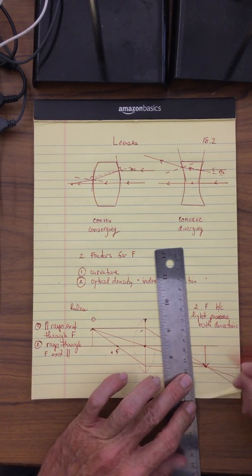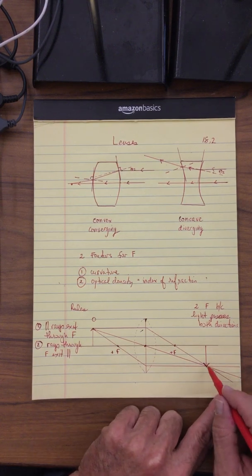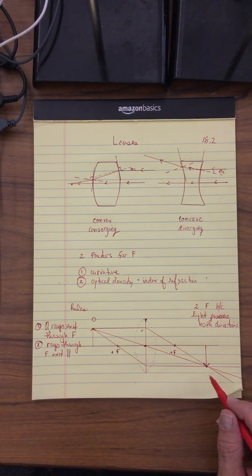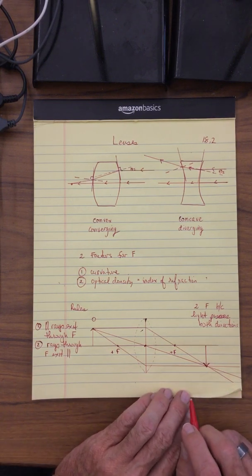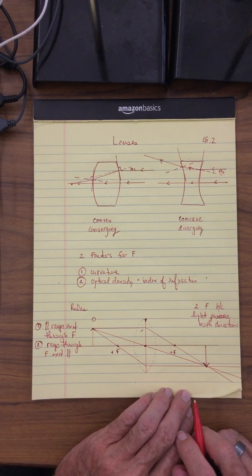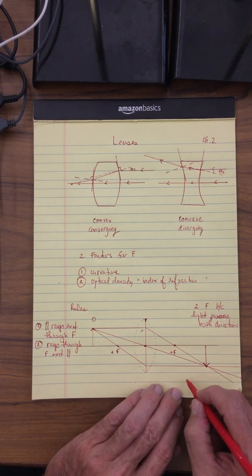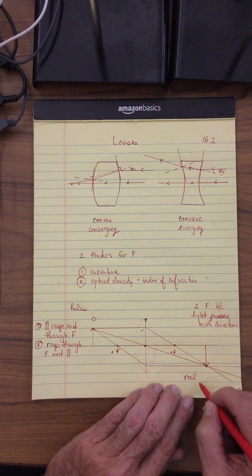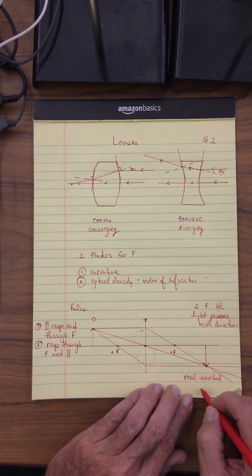And what's going to happen is, for this case, we're going to have an inverted image. And it is going to be a real image. So we have a real inverted image.